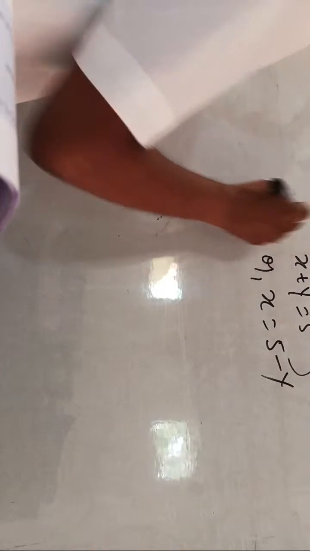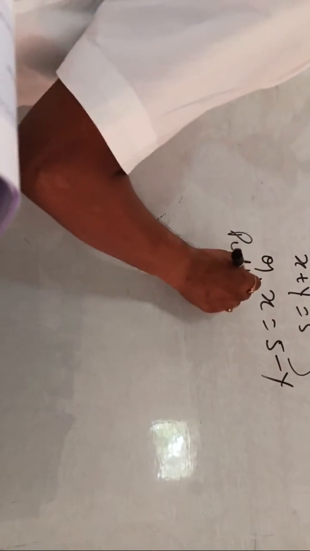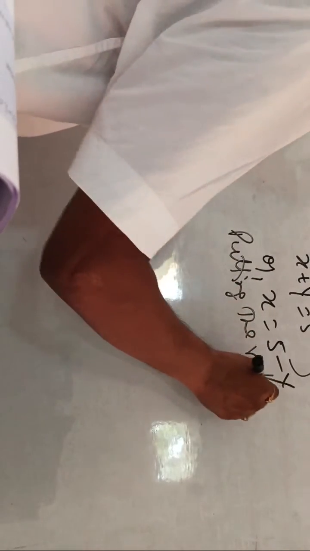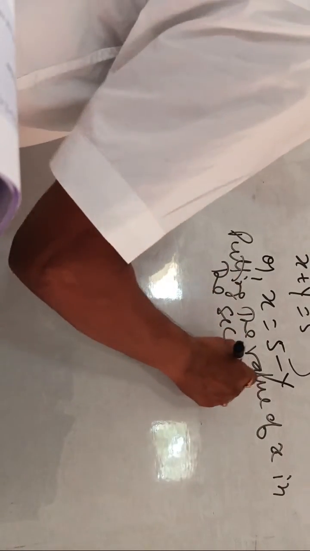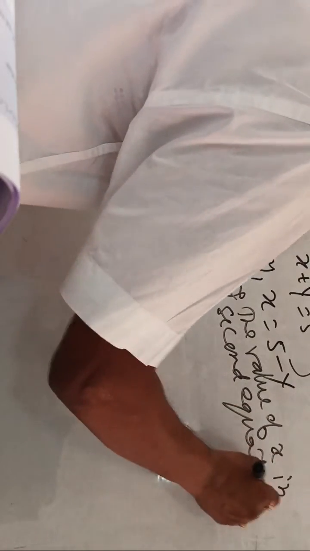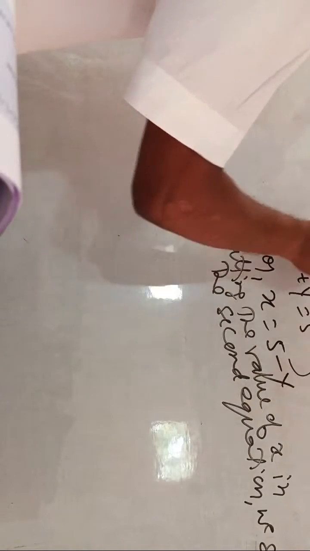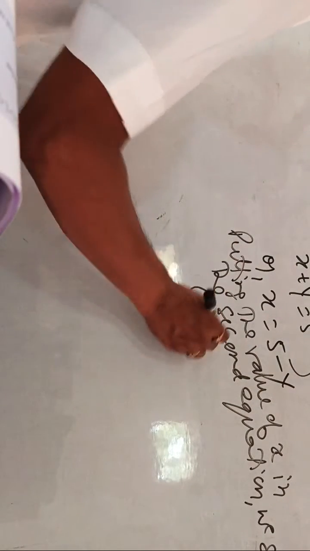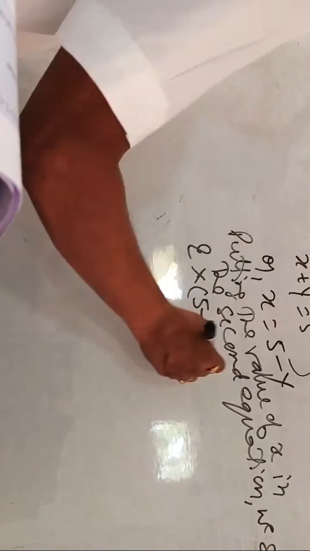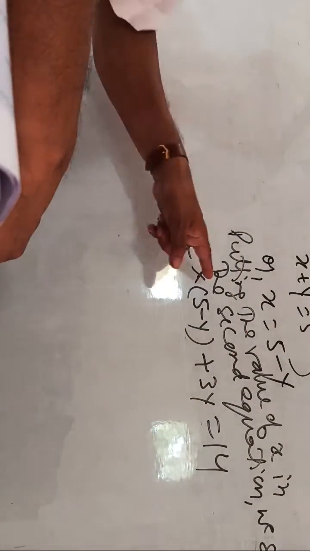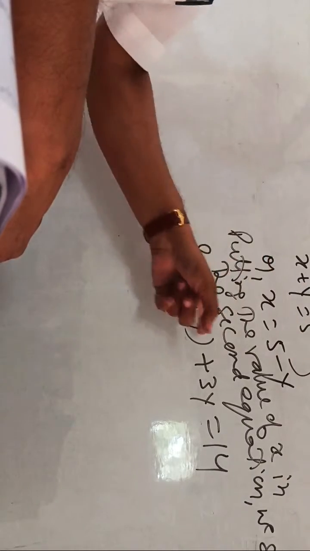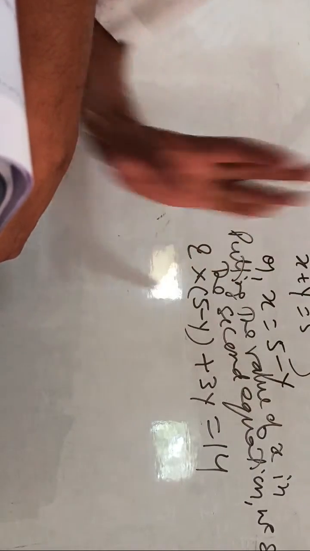Putting the value of x in the second equation, we get 2 into (5 minus y) plus 3y is equal to 14.